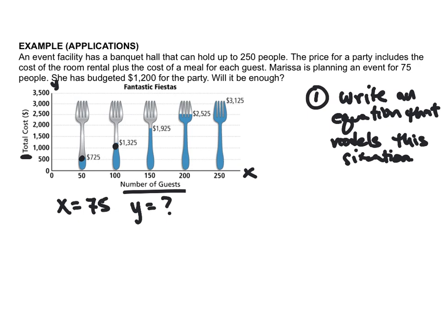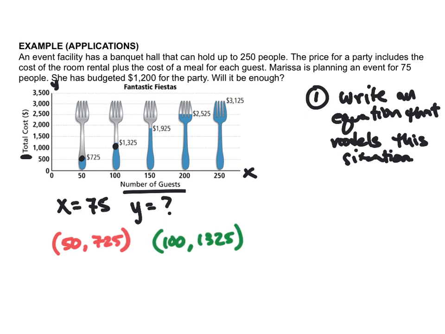So let's do this. First thing I want to do is create 2 points. I'm going to create the point (50, 725), and then I'm going to make a point (100, 1,325).